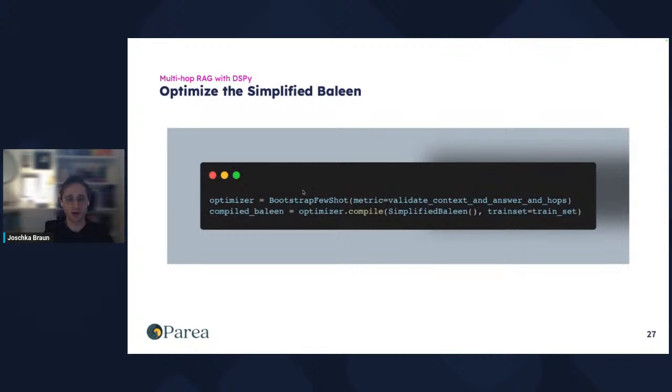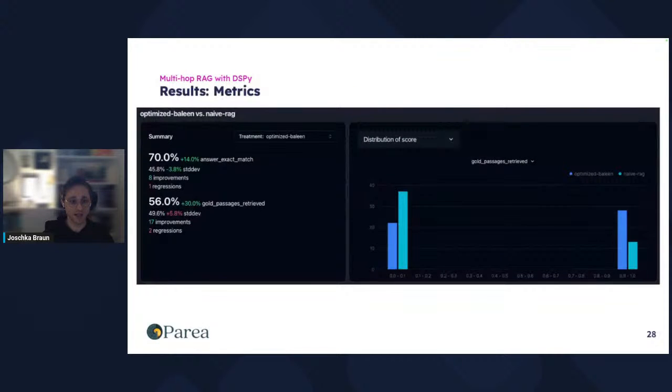Then to optimize our simplified Baleen module, we just call the compile function on that optimizer. And this results in the following metrics. We can see here that our answer exact match accuracy improved by 14%, which is now at 70%. But what's really good is that our retrieval step has more than doubled to 56%. And this was all based on only 20 training samples, which is very exciting.